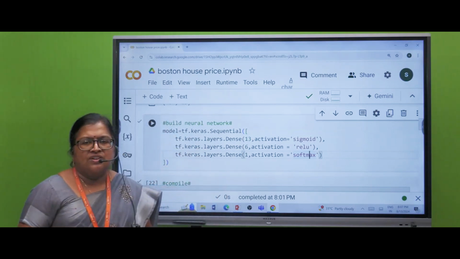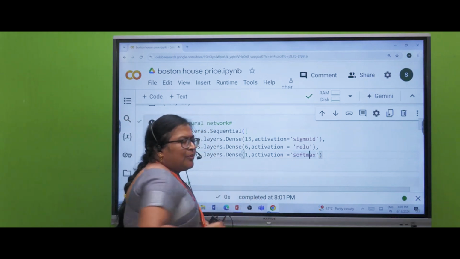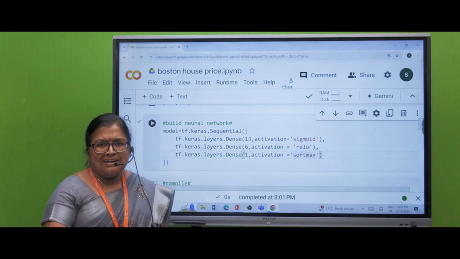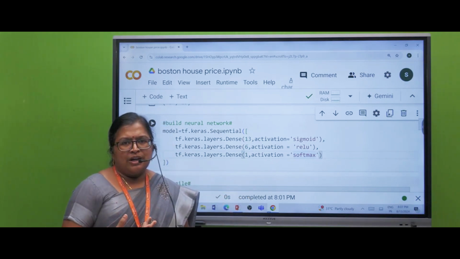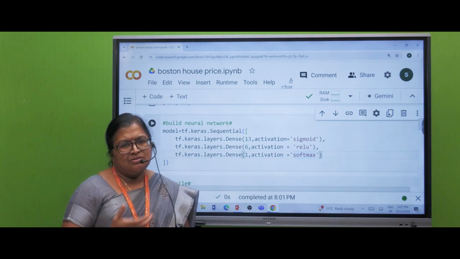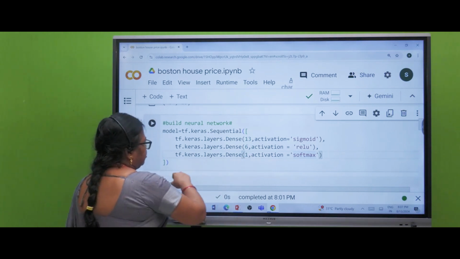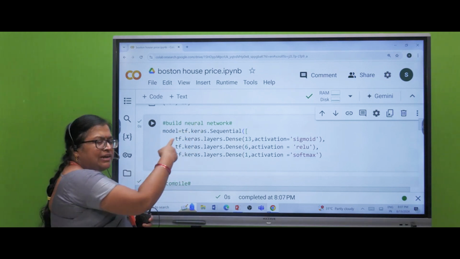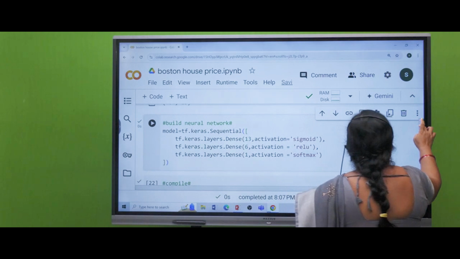Softmax is for when it is images and you want to calculate the probability, then you go for softmax. But here there is no need of probability, it's just a real number. So you can use linear also there. Just give linear there. I'll run it. So now my neural network layers are built. Then we'll move to the next thing.